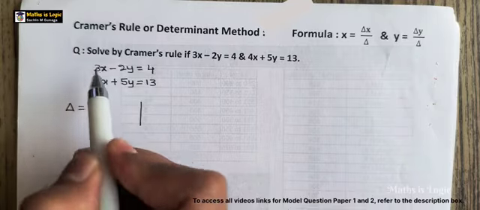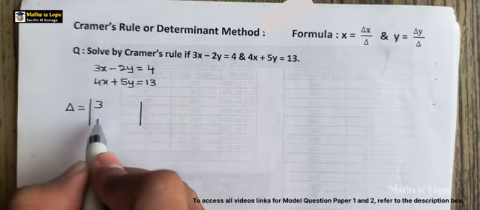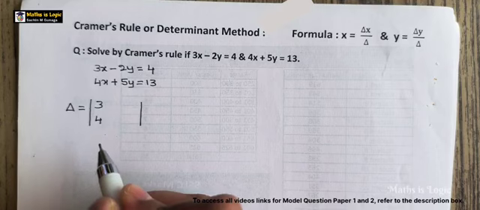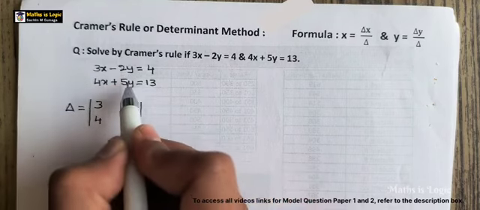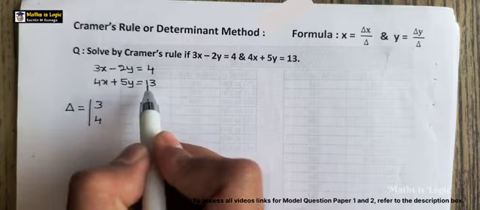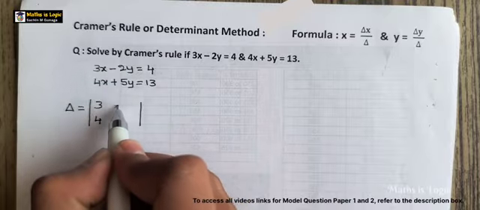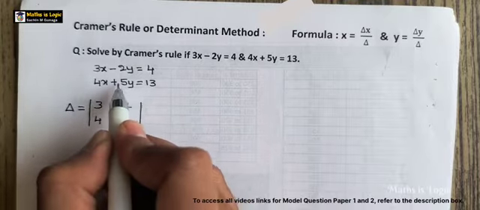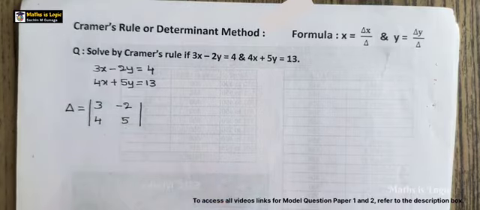The x coefficient in equation 1 is 3, and in equation 2 is 4. Next, take the y coefficients of equation 1 and equation 2 and write them as the second column. The y coefficient is -2 in equation 1 and +5 in equation 2.